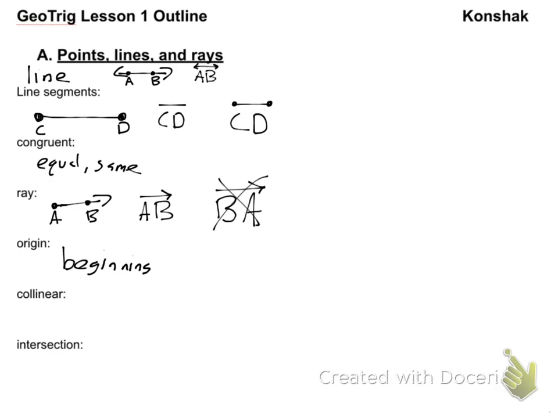Lines up? I like the line part. How about all on the same line? So, all on the same line. To be collinear means more than one thing is on the same line. So, watch what happens when I go all the way back up to the top.